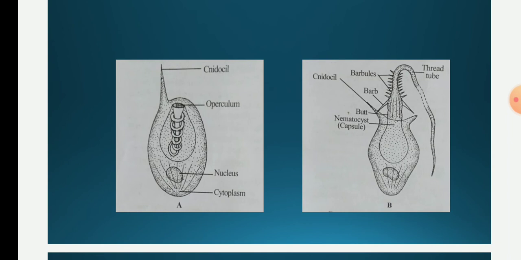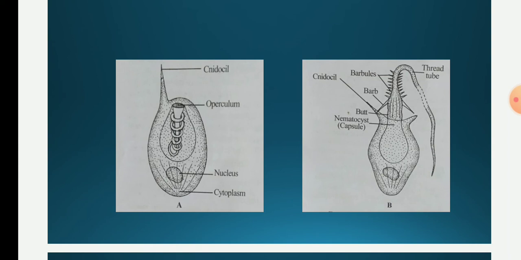So when there is an external stimulus, for example in the process of defense, the cnidocil receives the stimulus, and it leads to the opening of the operculum. The opening of the operculum releases the thread tube inside out and shoots it out. The tip of the thread penetrates into the body of the enemy, or the poison is injected.